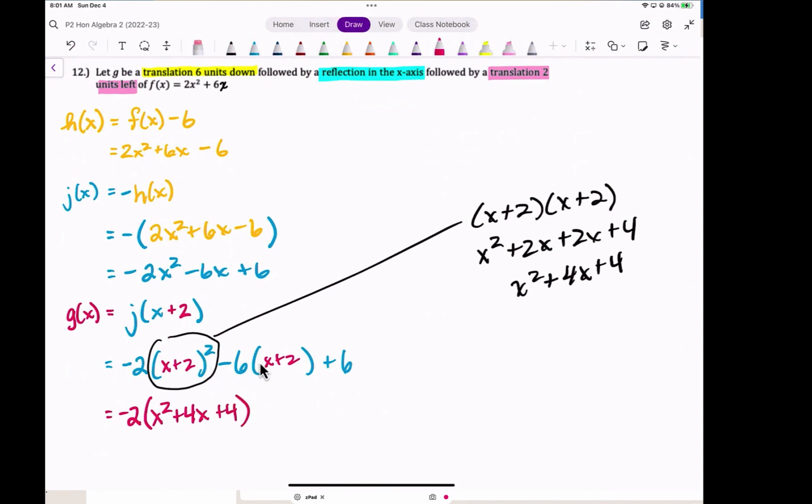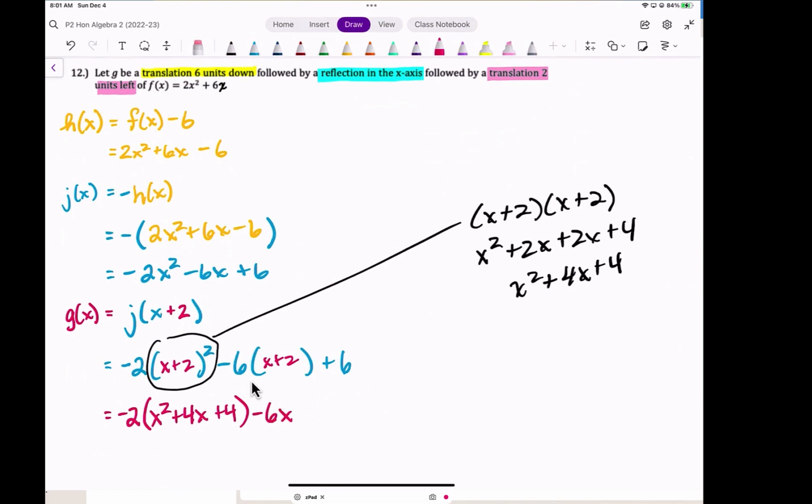Now I have to distribute the negative 6, negative 6x minus 12, and then there's just a plus 6 hanging out there. All right, still got to distribute the negative 2. There's a minus 6x. And you know what? If I put these two together, I'm going to get a negative 6.